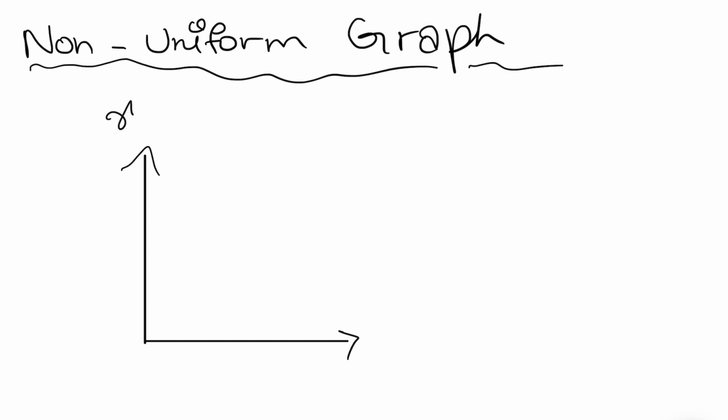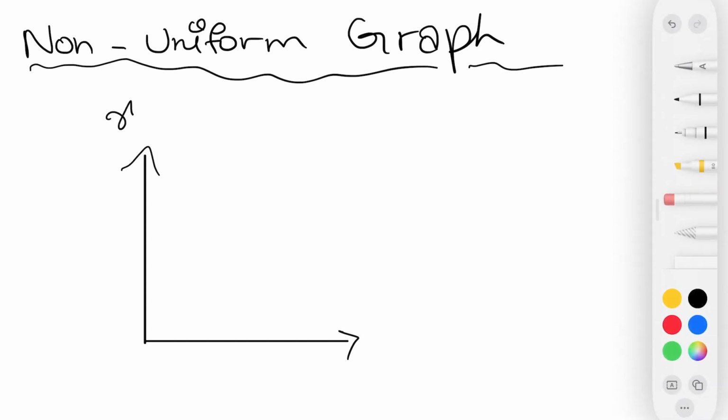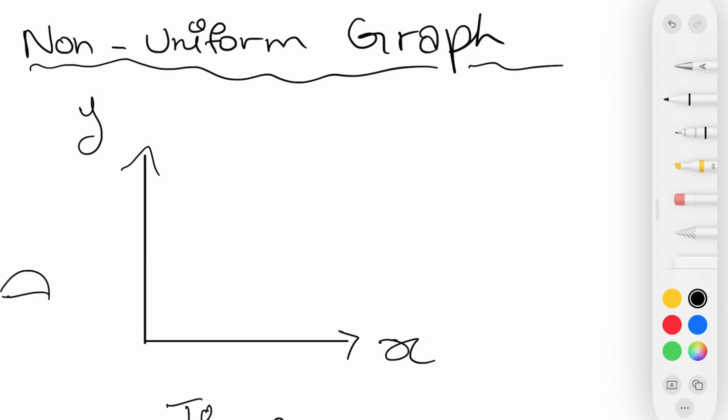We know this is not the x-axis. This is actually the y-axis. My bad. This is the y-axis. This is the x-axis. Here we are going to denote the time. Here we are going to denote the distance.